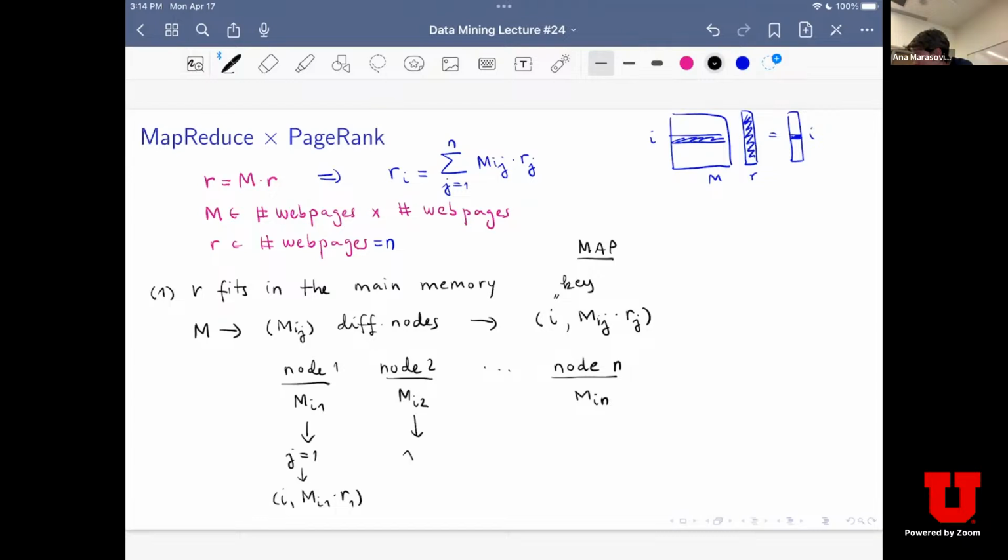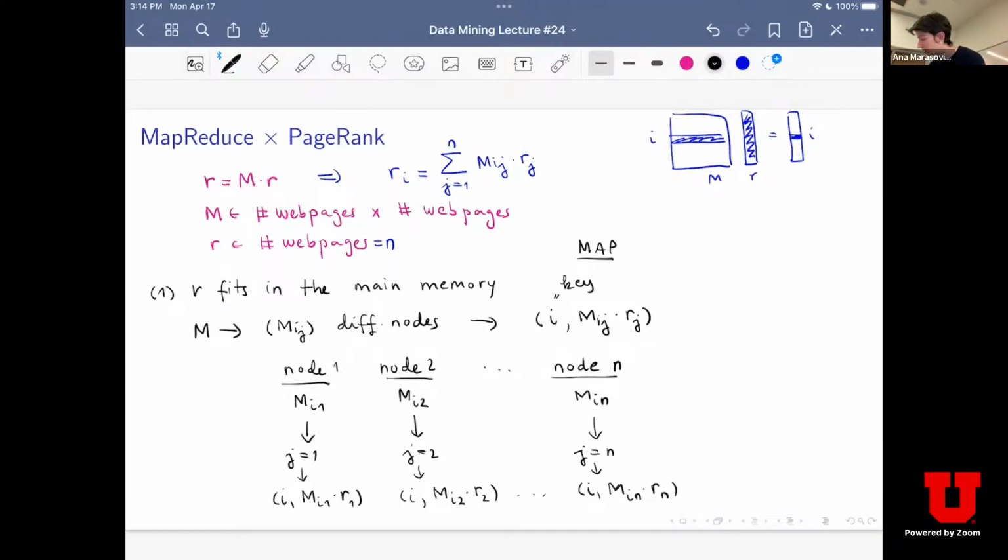Then the second node has j equals 2. Then we'll have as a value, again, our key will be I, but the value is going to be mi2 times r2. And all the way to the last node where we have j equals n, and then we'll have a key, again, I, but the value will be min times rn.